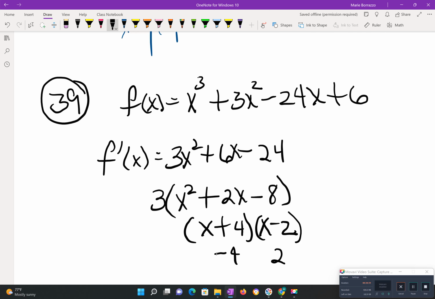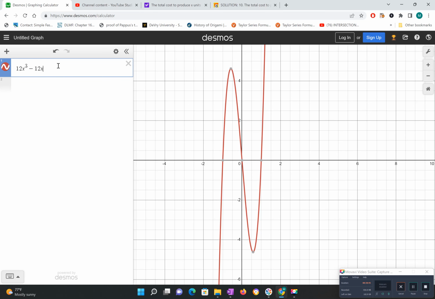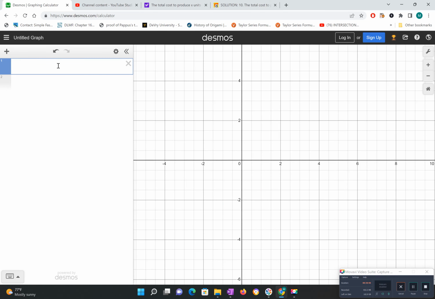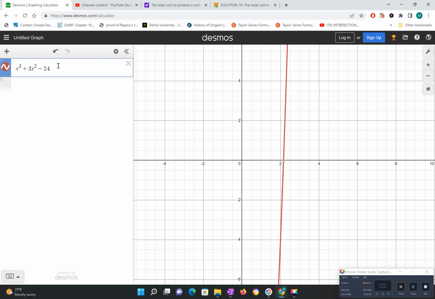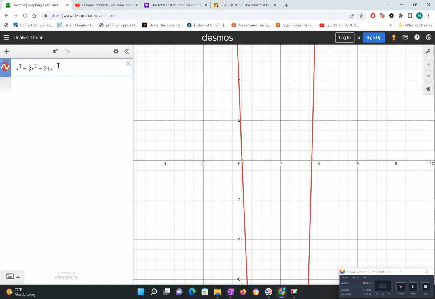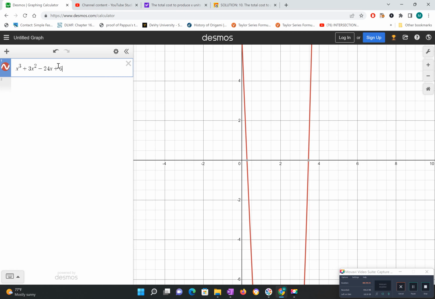Let's see what it looks like. Again, back to Desmos. So I'm going to put in 3x raised to the second. I'm sorry, I'm going to put in the original function, x raised to the third power plus 3x squared minus 24x plus 6.